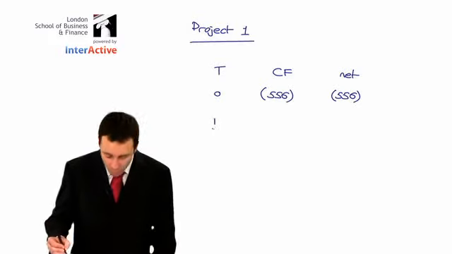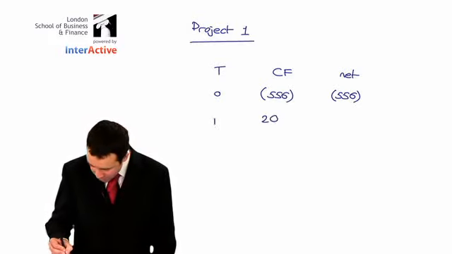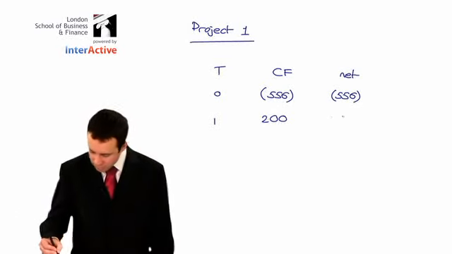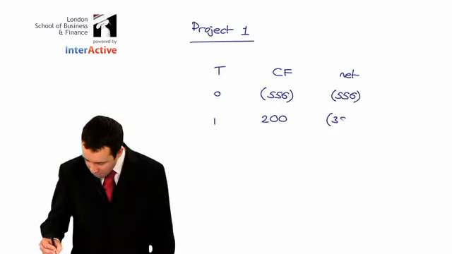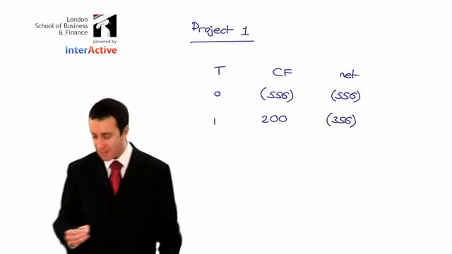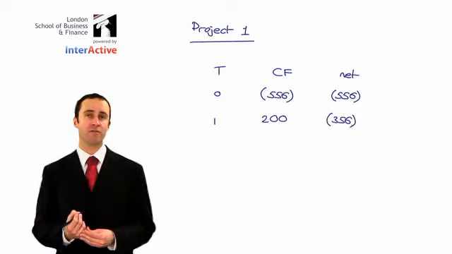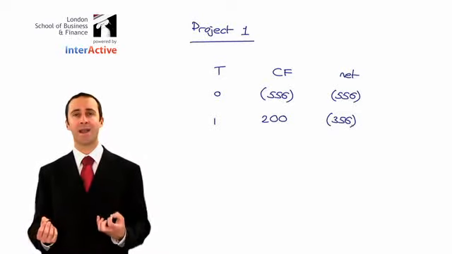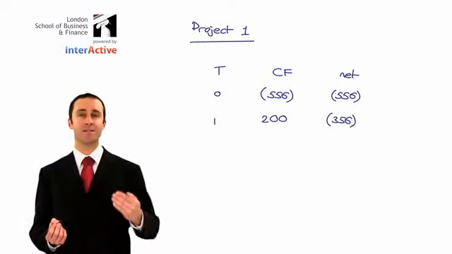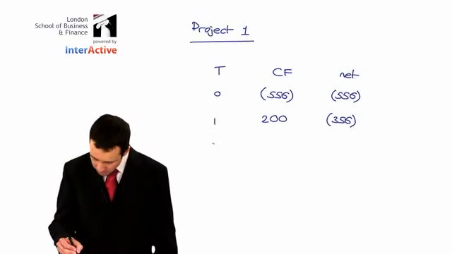In T1, we receive cash of 200,000. Based upon the fact we've already spent 556, my net overall cash flow is now negative 356. What we're trying to look at now is when that cash flow goes from a negative to a positive cash flow.